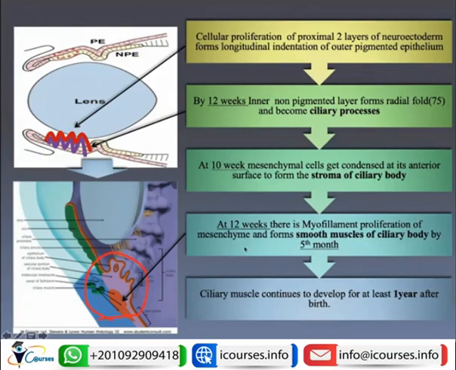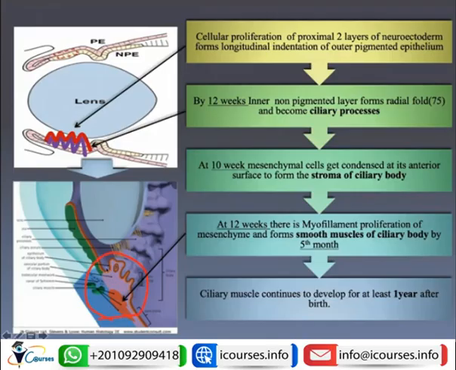The myofilaments from proliferation of mesenchyme will form the smooth muscles of the ciliary body. And the ciliary muscle will continue to develop for at least 1 year after birth. That's why it will be difficult to dilate the newborn, as his muscles are underdeveloped.